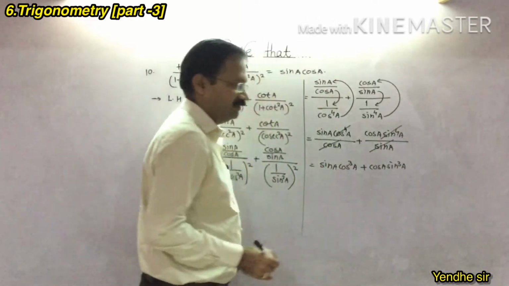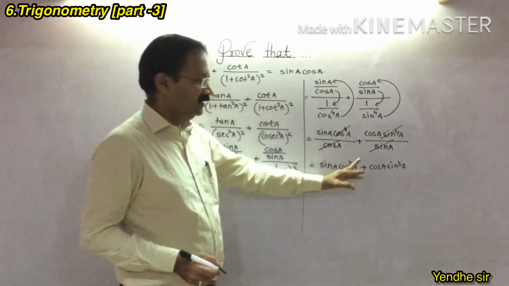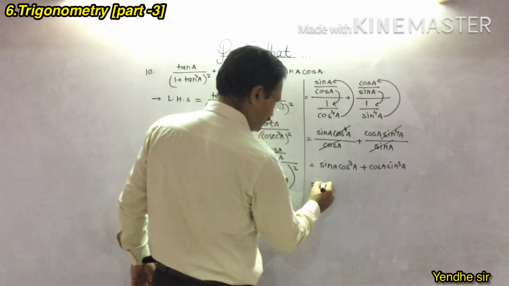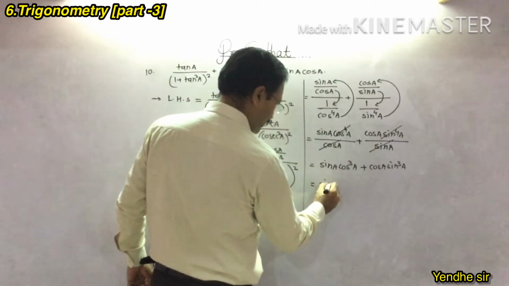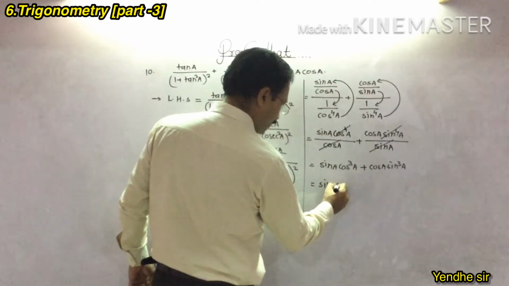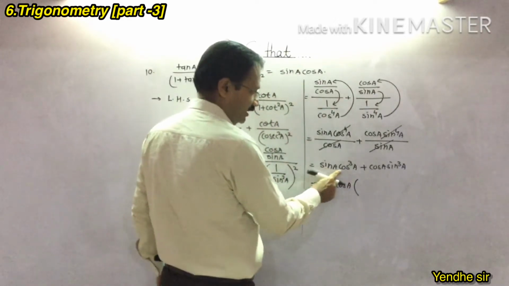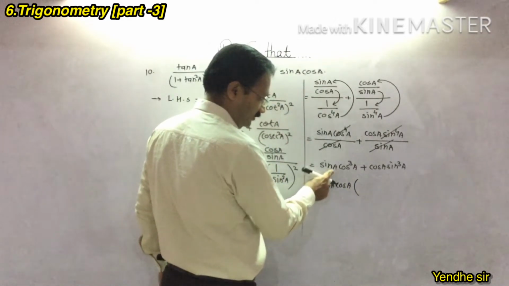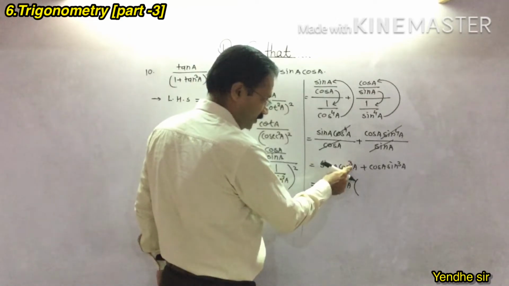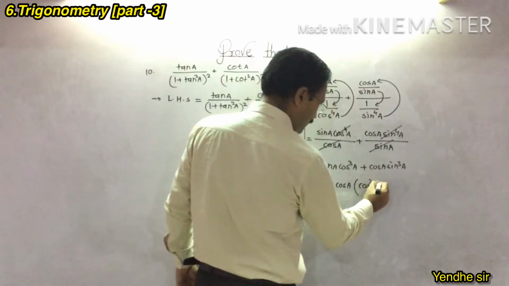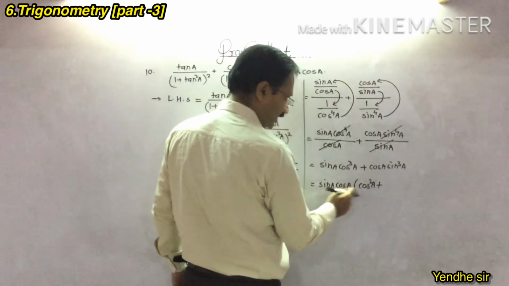Now which is our next formula? Take the common. So I am going to take sin A and cos A as common. Sin A comes outside. From the cube, 1 comes outside, so we can write cos square A, plus cos A comes outside.